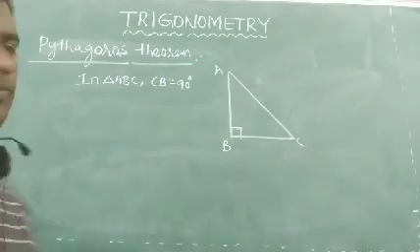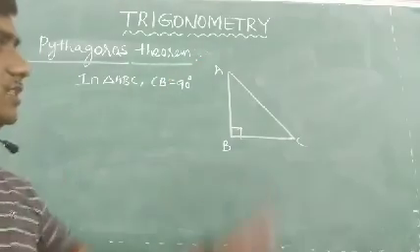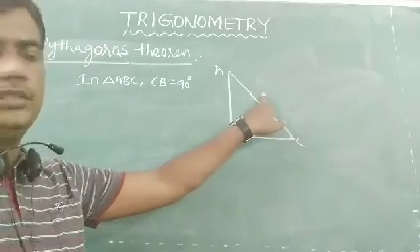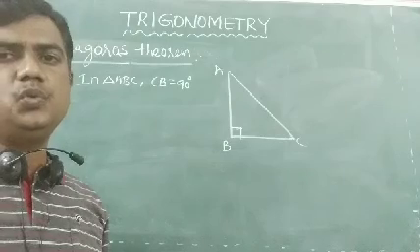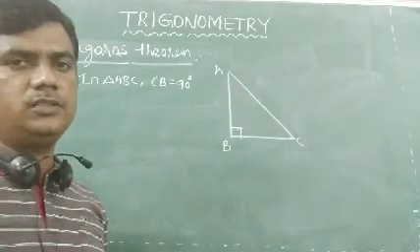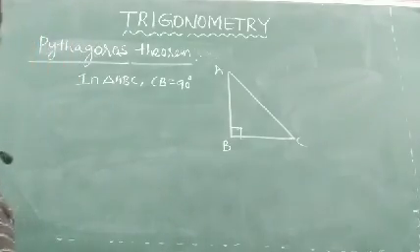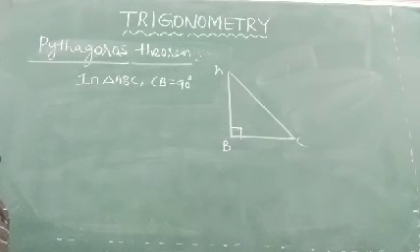What is the Pythagoras theorem? In a right angle triangle, the square of the hypotenuse is equal to the sum of the squares of the remaining two sides.